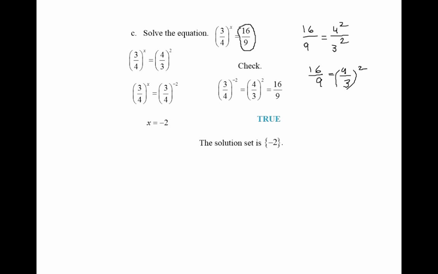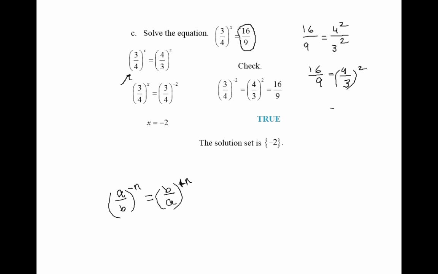But here we have 3/4, and there we have 4/3. Remember one property we had: (a/b)^(-n) is the same as (b/a)^n. So I can write a reciprocal by changing the exponent.